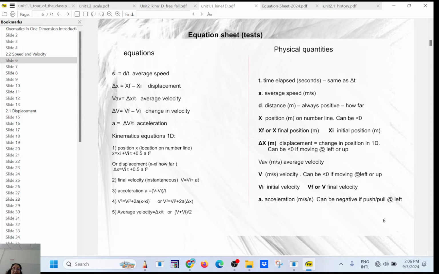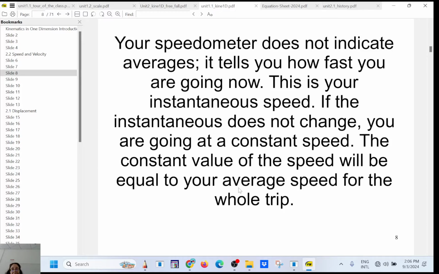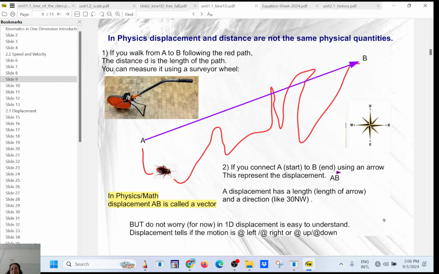Okay, so we define physical quantities here, equations, so we did that. And then I was introducing a vector, right? So a vector, let's say you have a fly, and the fly goes from this exit sign over there, it's going to fly and stop over there.